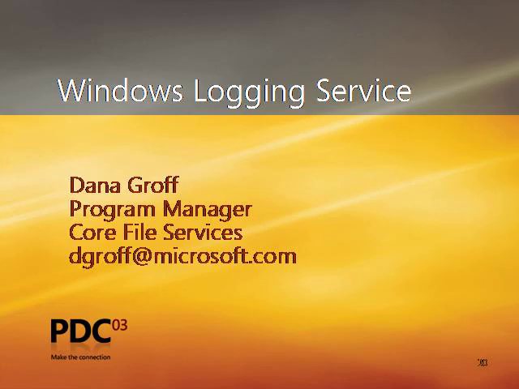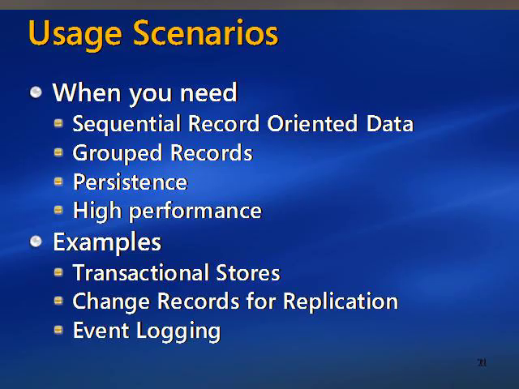So the Windows logging service is a tool that both the KTM and Transactional NTFS use to remember their state, to be able to save off what they've changed. What are they doing? They're saving sequential record-oriented data.